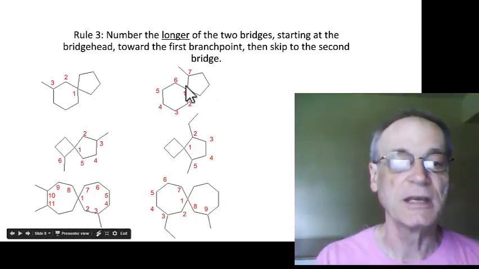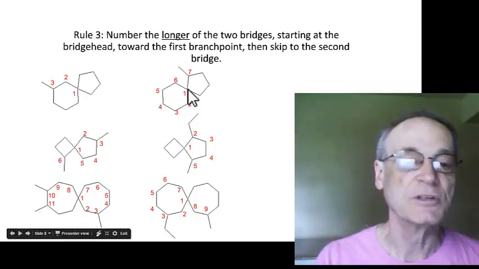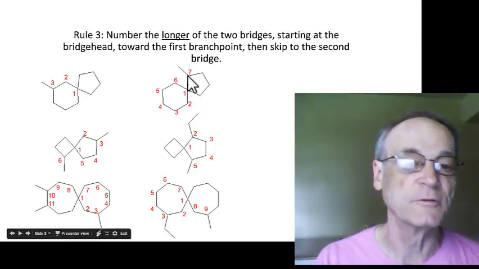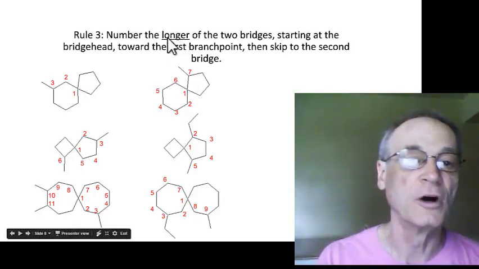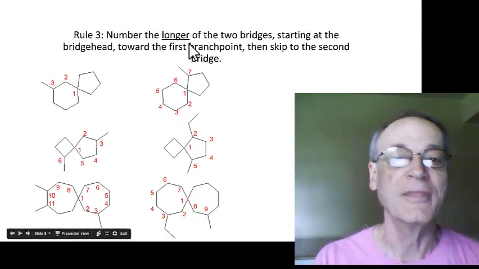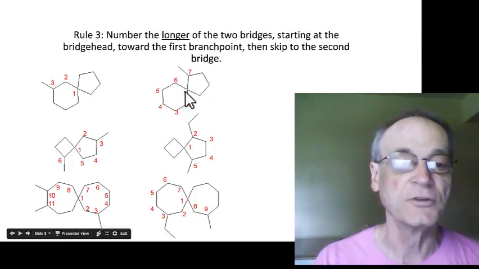So for example, in this case, we don't have a methyl group on the 6-membered ring. So again, we start at that as the bridgehead. The question is, shouldn't we go to that as number 2? Because that's where the first branch point is. And the answer is no. This is very important. You number the longer of the 2 bridges first, and then you number the second bridge if you need to. So this is 1.